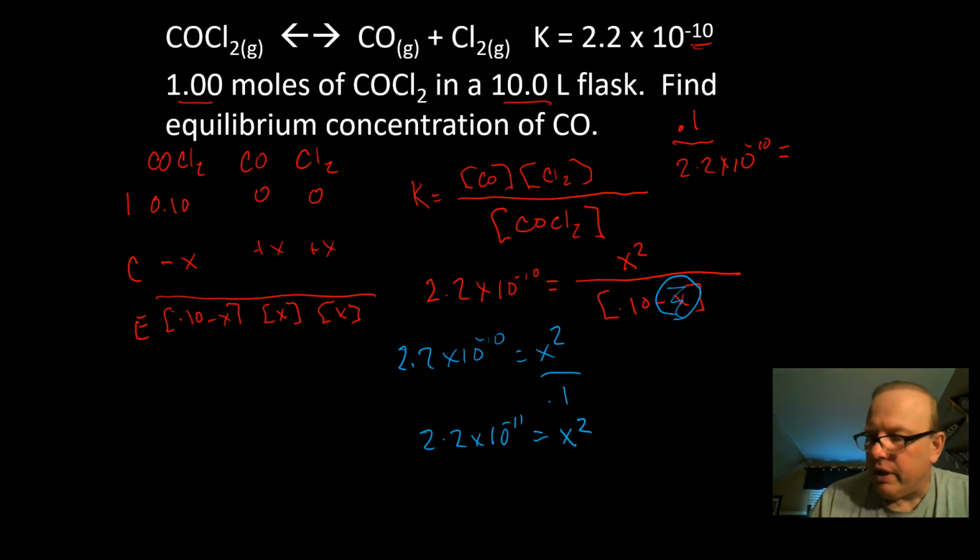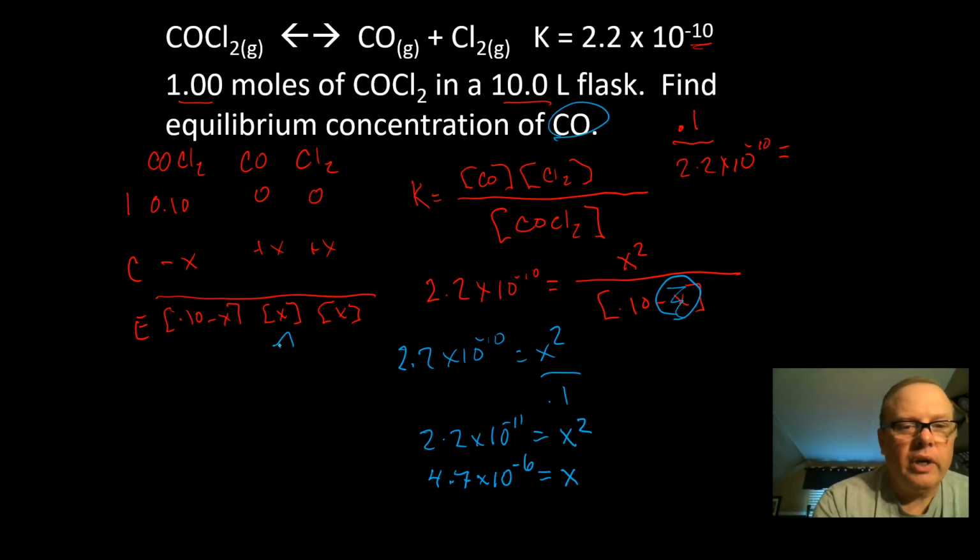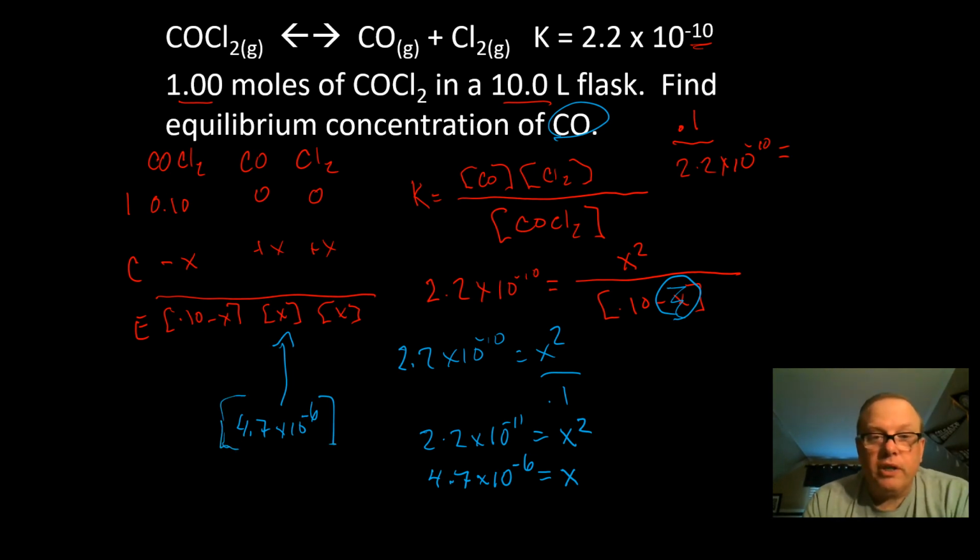And then I simply get my x value, x equaling 4.7 times 10 to the negative 6. And that is the equilibrium concentration of this carbon monoxide. Because it's a single x, I don't have to add, subtract, or do anything to it. 4.7 times 10 to the negative 6, and that is its molarity. Square brackets for molarity.